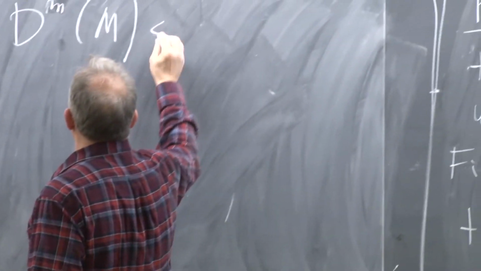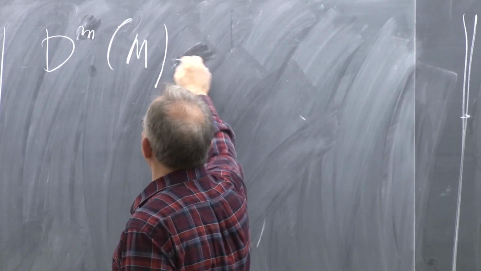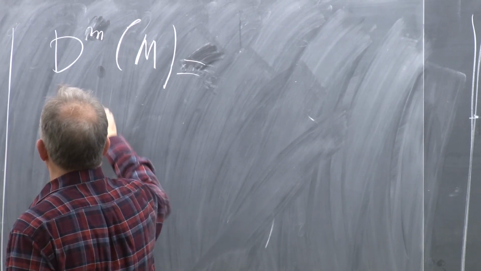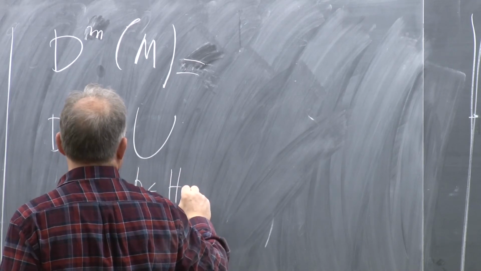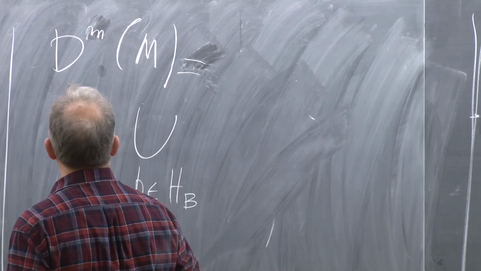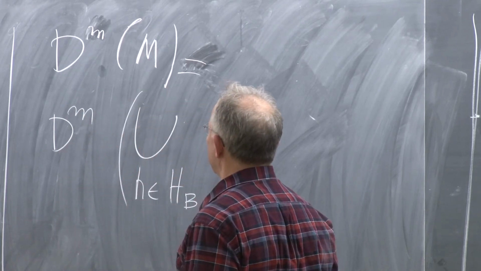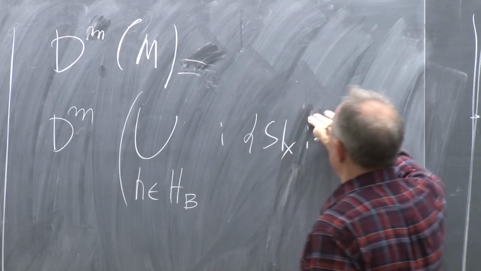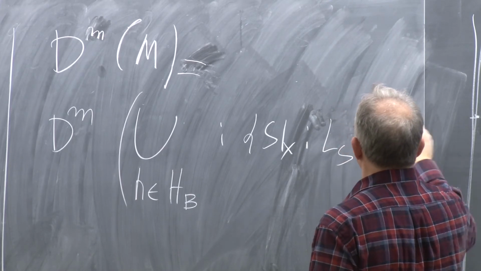This will be bounded by the same as D^m of the union over all H in H_bad of the set of all S such that L_S(h) is 0.